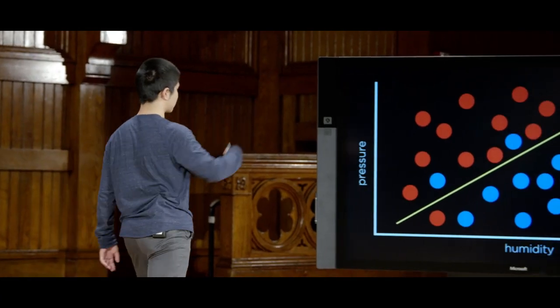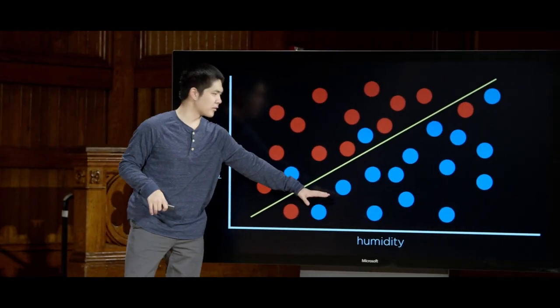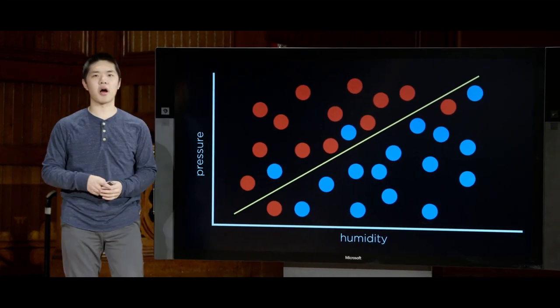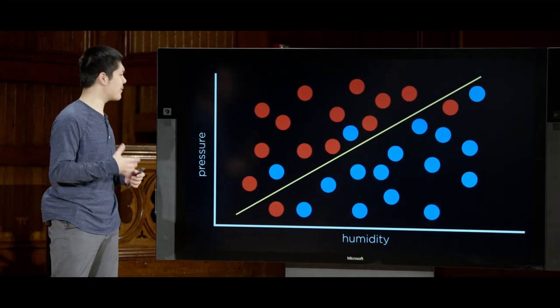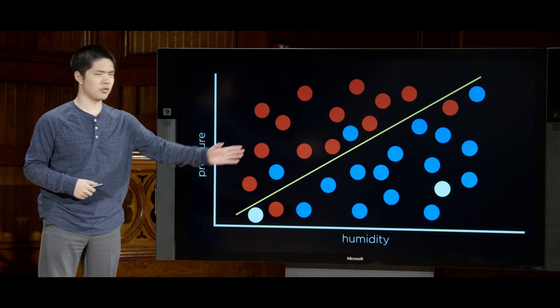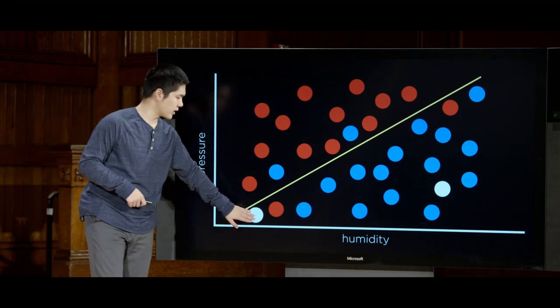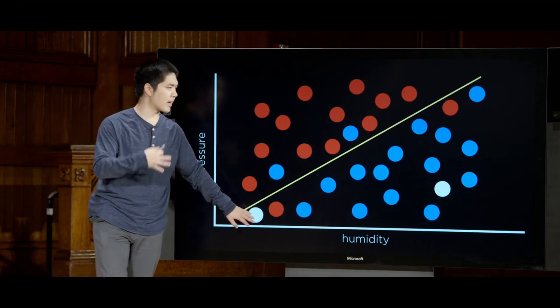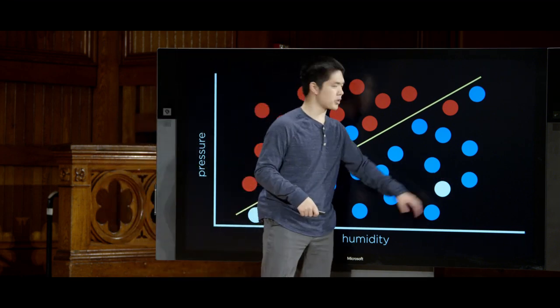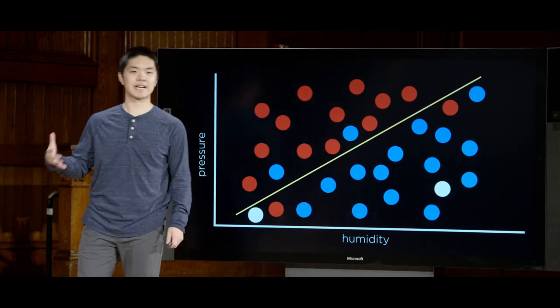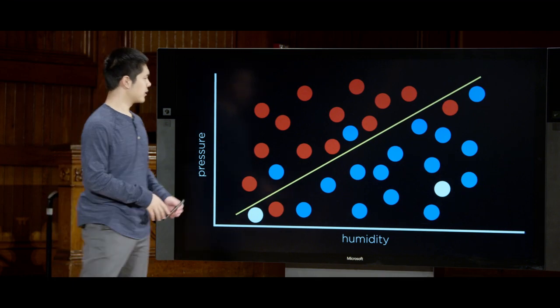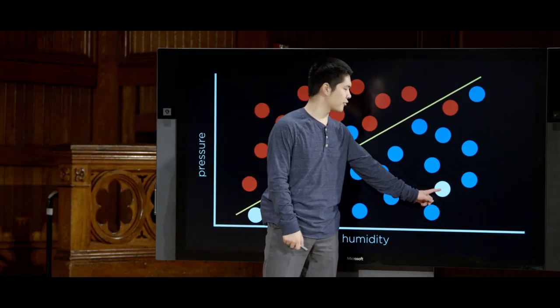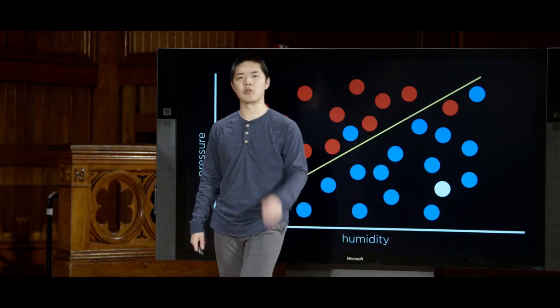So if we go back to this instance here, where we have rainy days on this side of the line, not rainy days on that side of the line, you might imagine that let's look now at these 2 white data points. This data point here that we would like to predict a label or a category for, and this data point over here that we would also like to predict a label or a category for. It seems likely that you could pretty confidently say that this data point should be a rainy day.